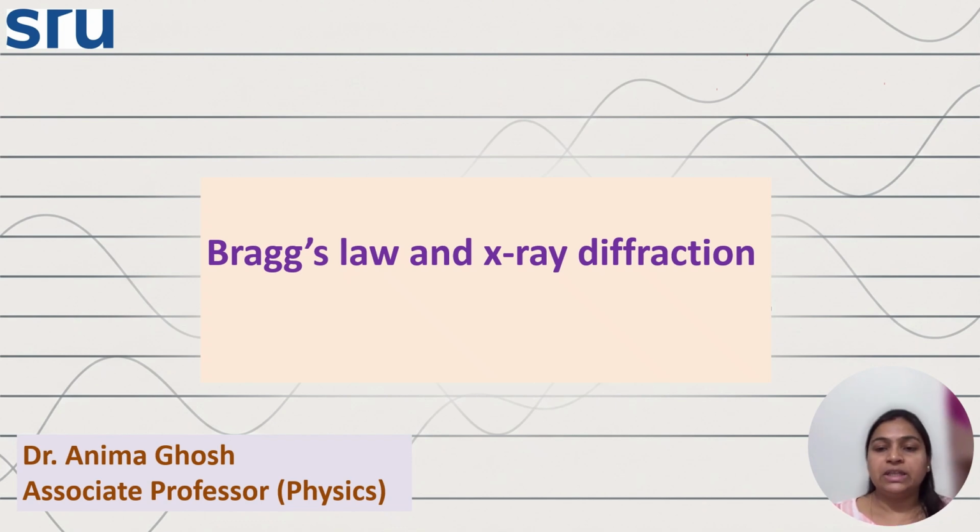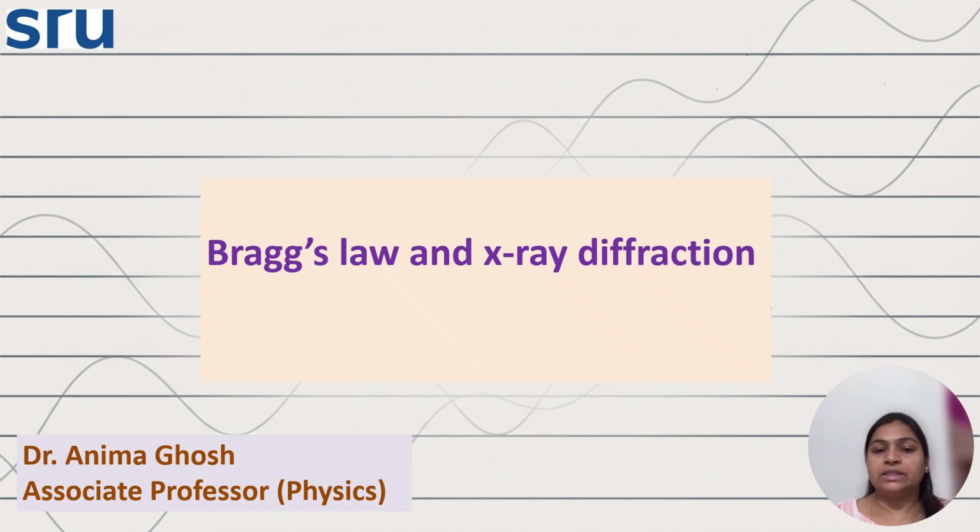We cannot see the atoms directly with an ordinary microscope. So how can we do this? How can we see the atoms? The answer is X-ray diffraction. It is the tool to find out the atoms, their atomic structure, phase, and properties.